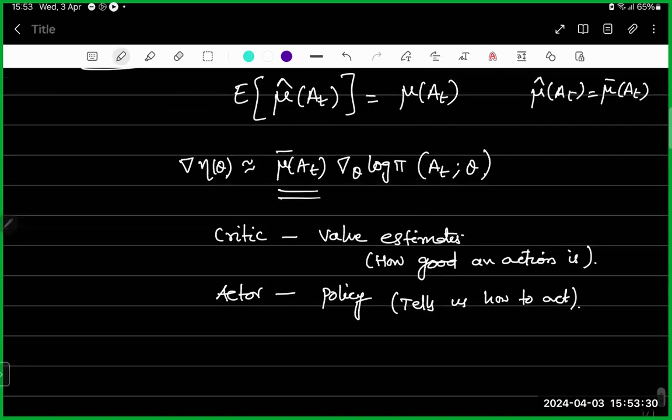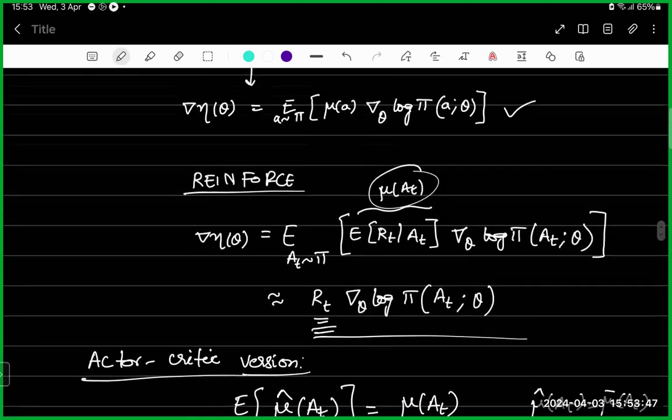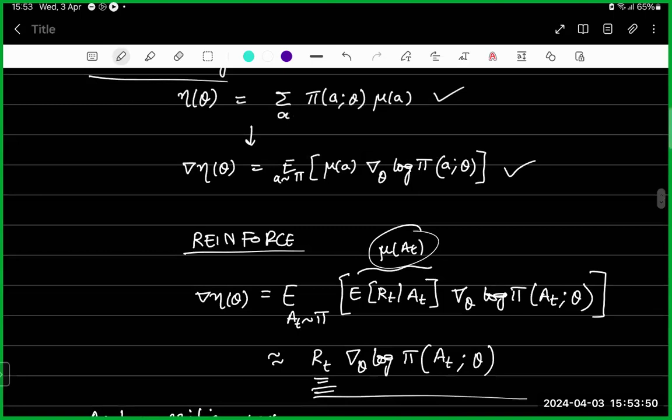In algorithms like UCB, etc., those are only value-based methods, where we are just maintaining values. We are maintaining the mu bars for all possible A's, and we are doing something based on that. So all those were called value-based methods. In the REINFORCE method, we are not maintaining any value estimates. We are just maintaining some parameters for the policy, and we are just updating our policy. So this is called the policy-based method.